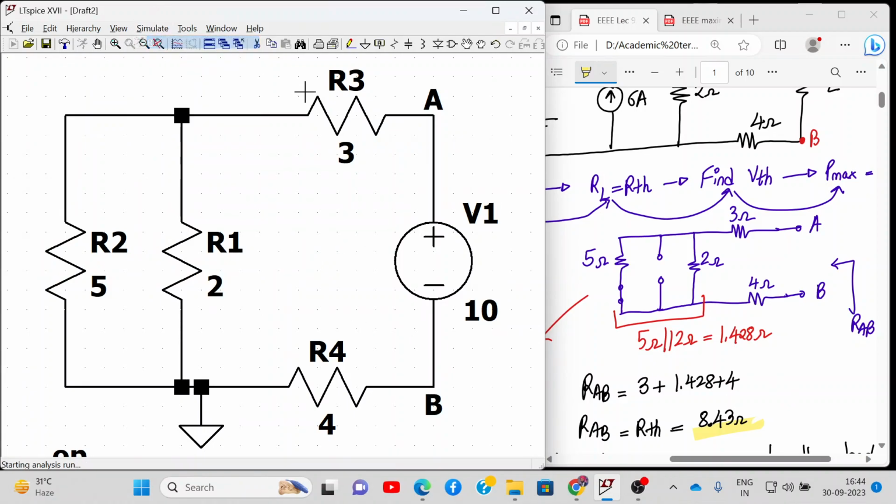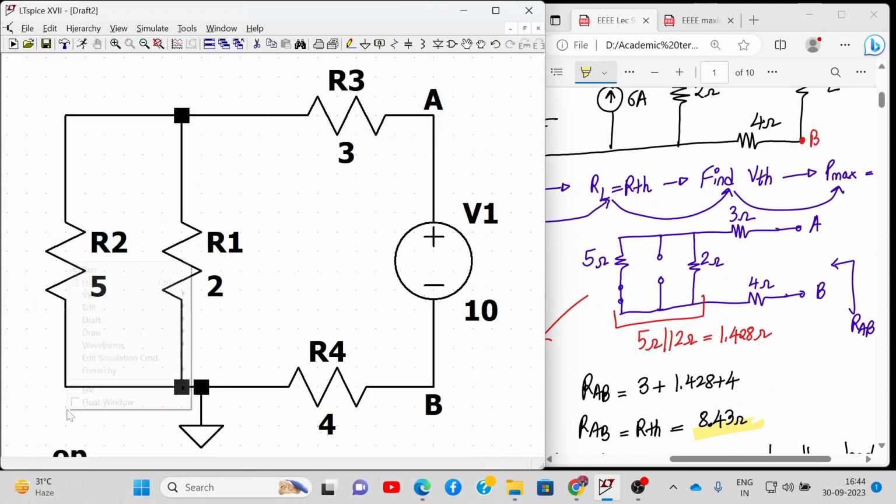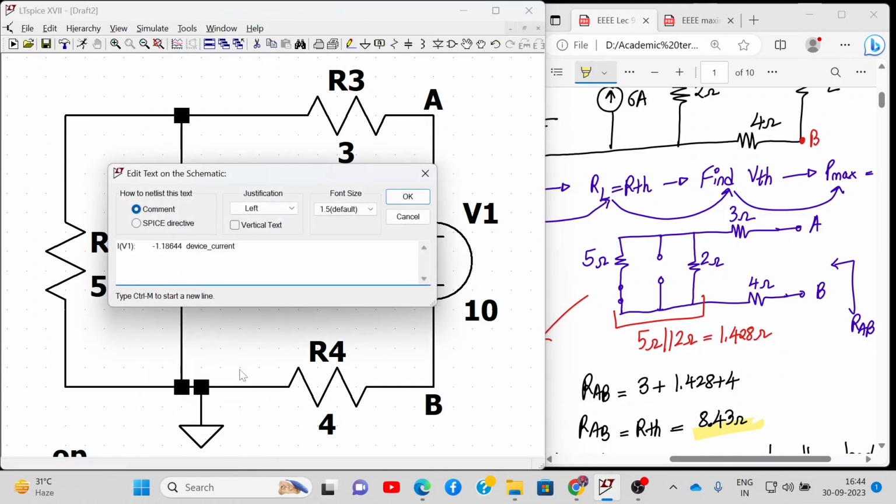Let me add that number and copy that, and let me show you how you got this again. I'll right click over here, go to draft, go to comments, and add this. Then in the next statement I'll write RTH will be equal to V1 divided by the current flowing through V1, and that will be 10 volt divided by 1.18644.